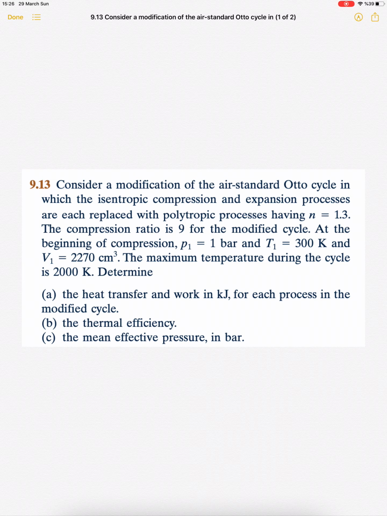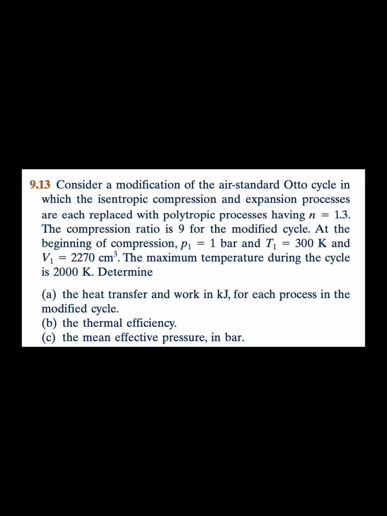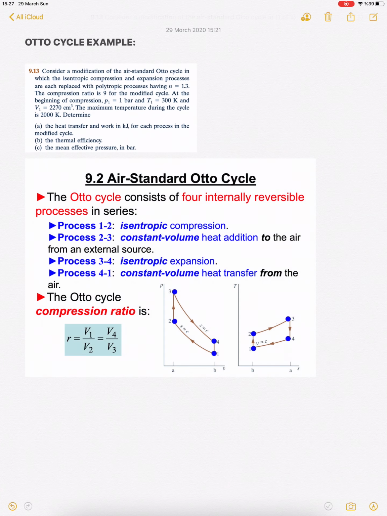So what is asked? We are required to calculate the heat transfer and work in kilojoule for each process in the modified cycle, the thermal efficiency and the mean effective pressure in bars. As you see, the difference in the modified cycle is the process 1 to 2.